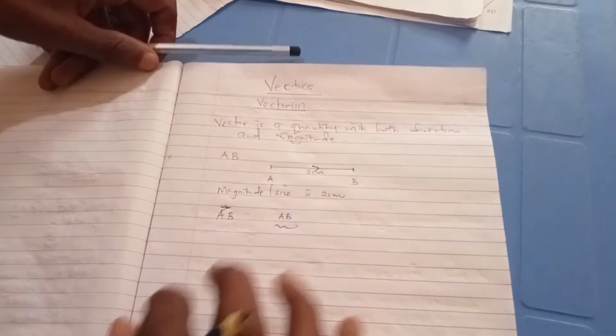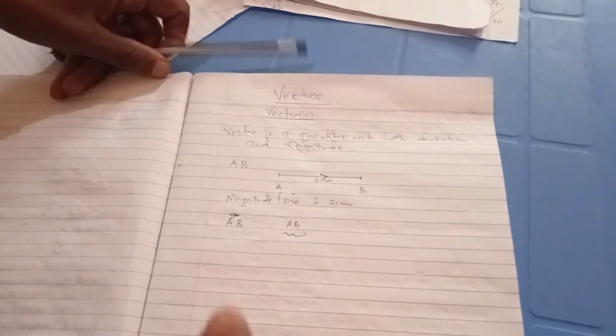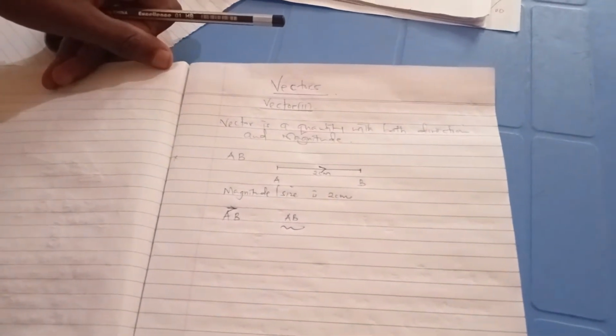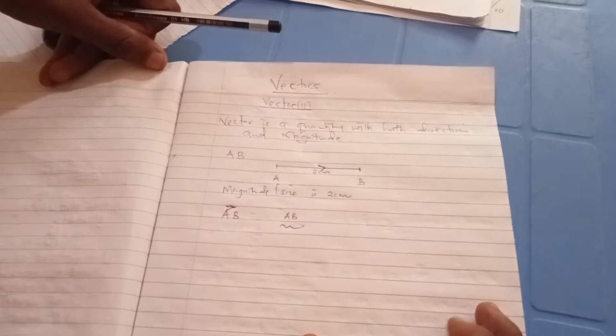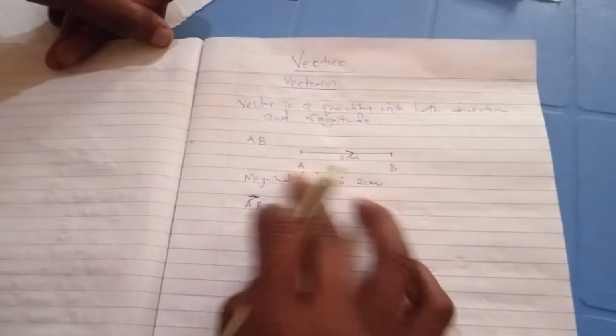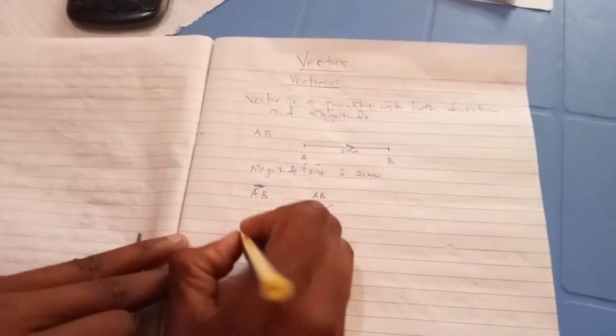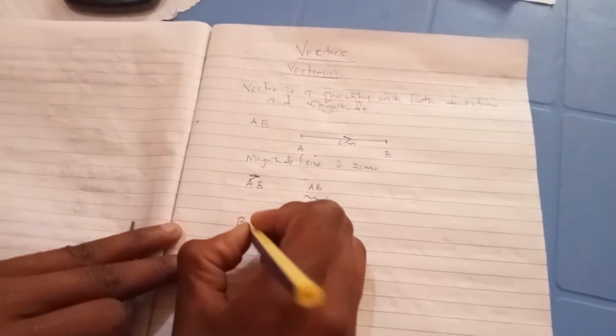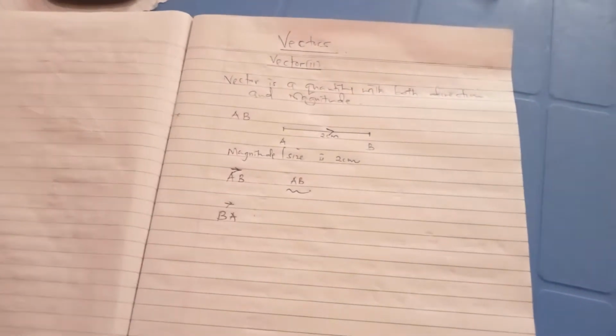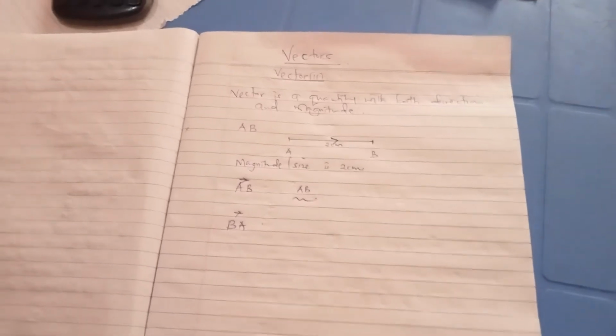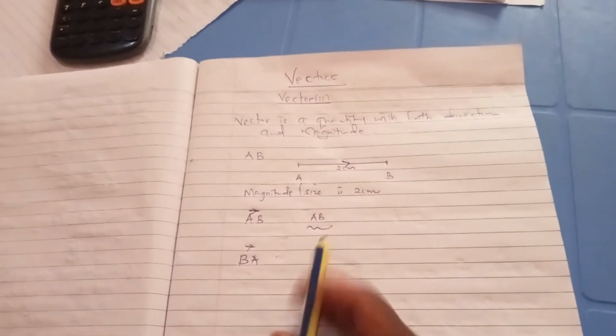That is a very important thing that we have to understand. You need to know that a vector is not a point. A vector is a line with an arrow. And if, for example, you change the direction, now we want to write vector BA. You want to describe vector BA. It is the same line, the space is the same, that is 2 centimeters.